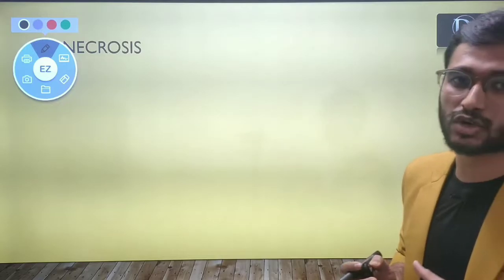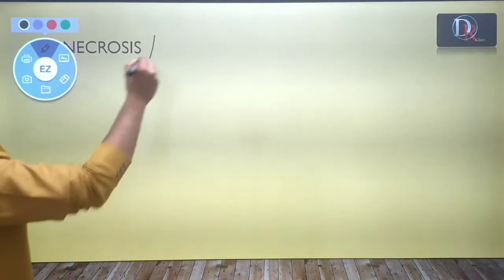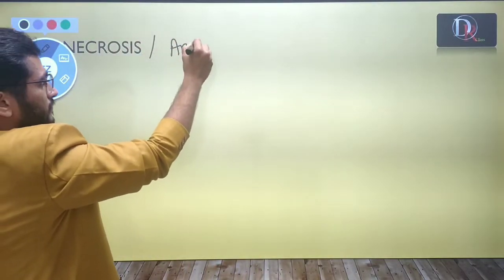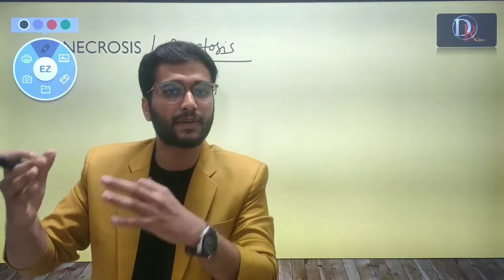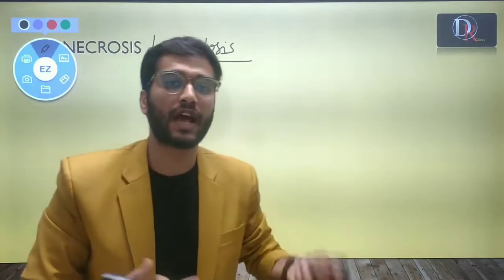So let's look at necrosis now. Necrosis is the local death of a tissue. Another term related to necrosis is apoptosis. Necrosis is the local death of a tissue, and apoptosis is programmed death.